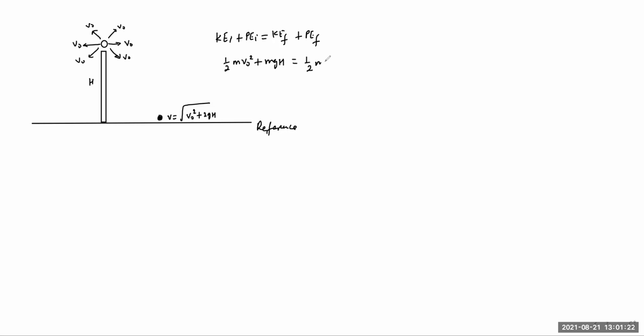Final is half m v square, but potential is 0 because we are touching the reference. If you rearrange, m will cancel out. So v naught square by 2 plus gh is v square by 2. Now multiply by 2: v square equals v naught square plus 2gh.